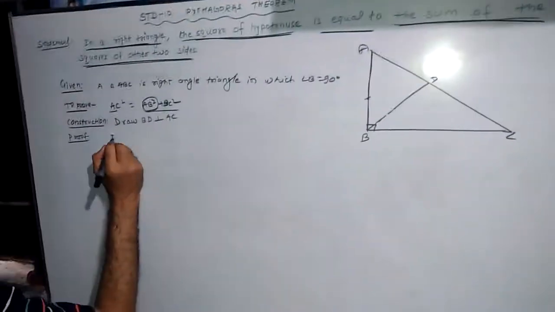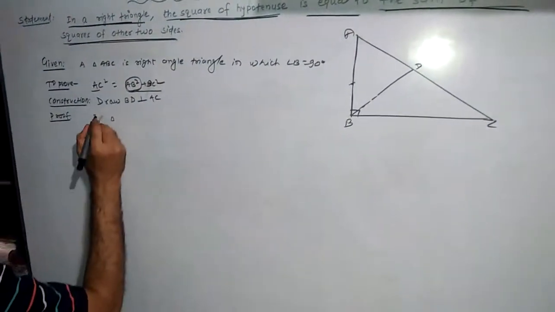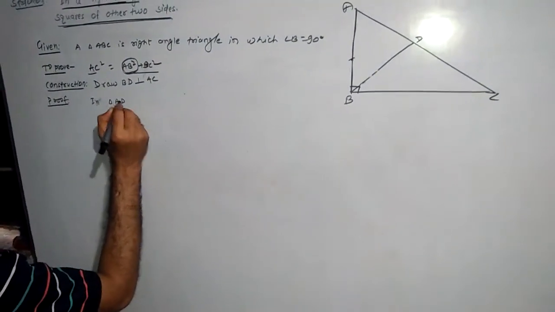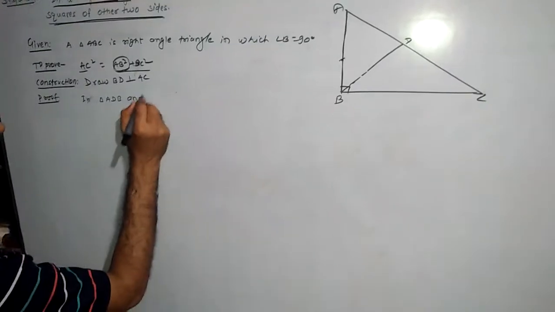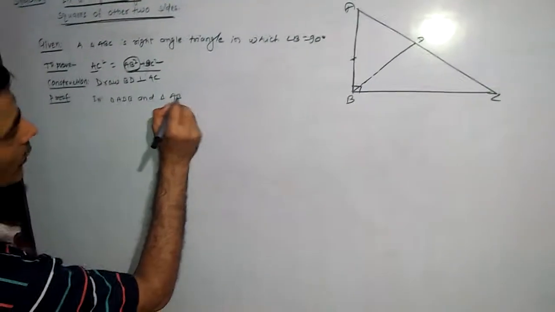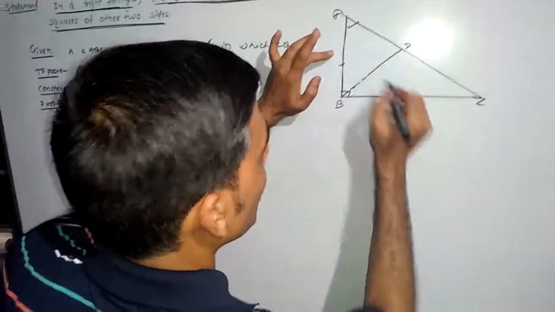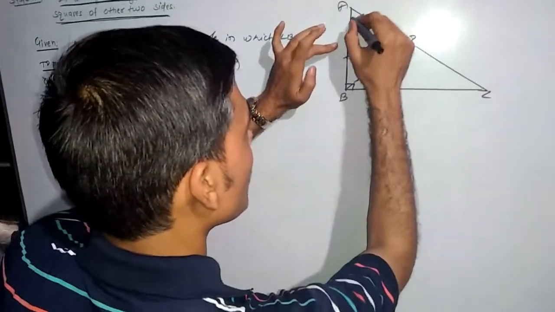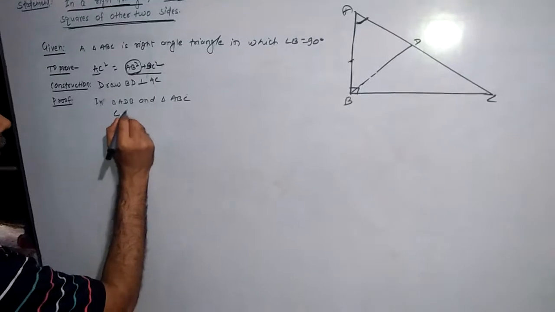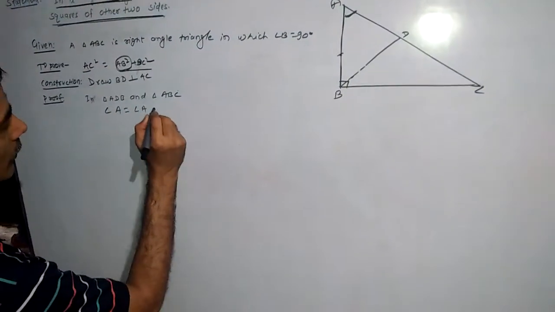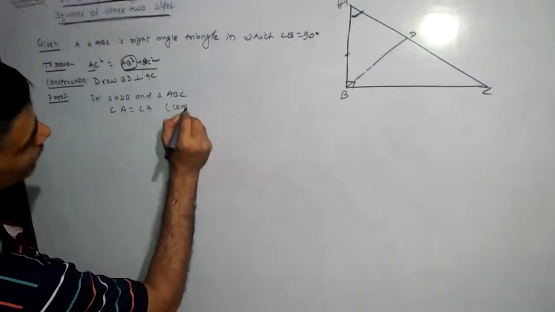So we can write here in triangle ADB and triangle ABC. ADB, it means angle A, and ABC angle A. So angle A equal to angle A. It is common.